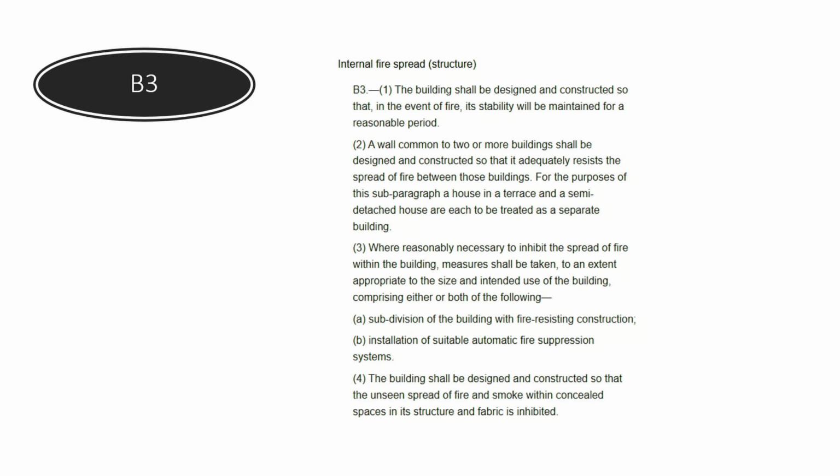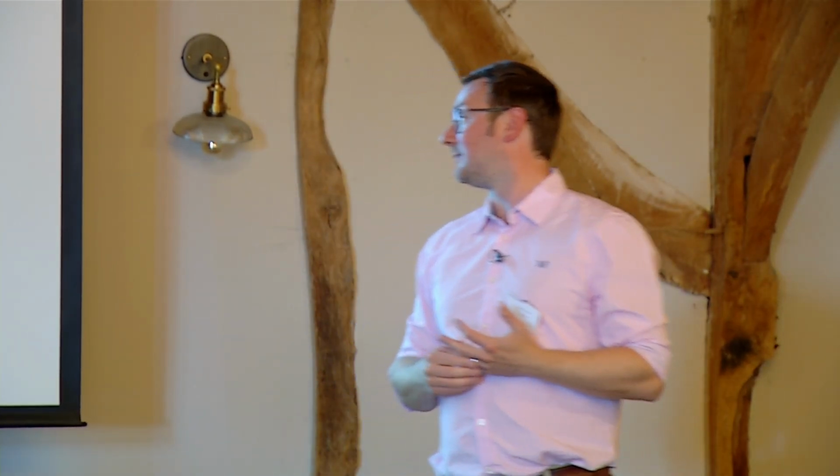And where reasonably necessary to inhibit the spread of fire within the building, measures shall be taken to an extent appropriate to the size and intended use of the building, comprising either or both of the following: subdivision of the building with fire-resistant construction and installation of automatic fire suppression systems. It goes on to say the building should be designed and constructed so that the unseen spread of fire and smoke within concealed spaces in its structure and fabric is inhibited. Talking about Grenfell earlier on during the break.